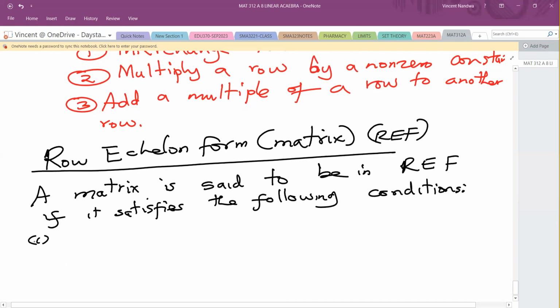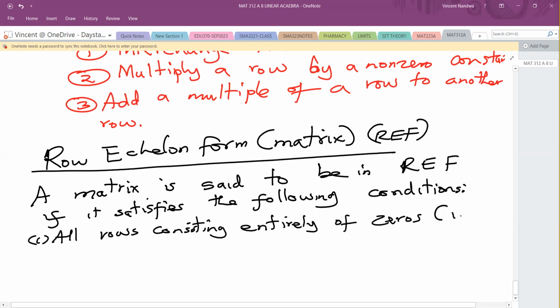One, all rows consisting entirely of zeros, if any, so because sometimes it may not be there, occur at the bottom of the matrix.